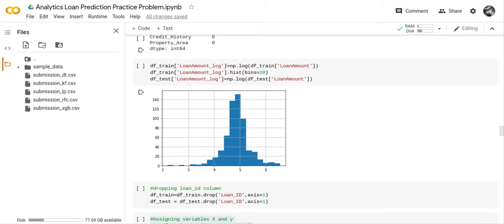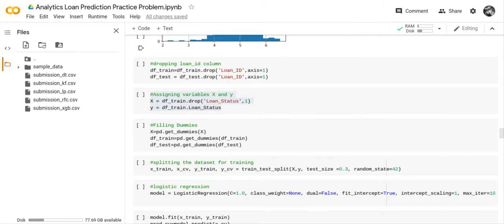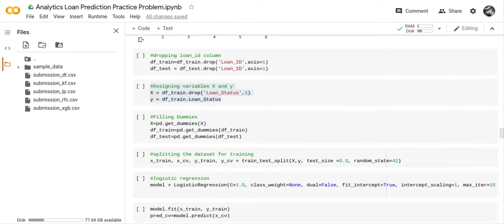So we wanted to make another graph, and this was a logarithmic graph because it gave a better picture. We dropped the Loan_ID column from the train file and the test file.